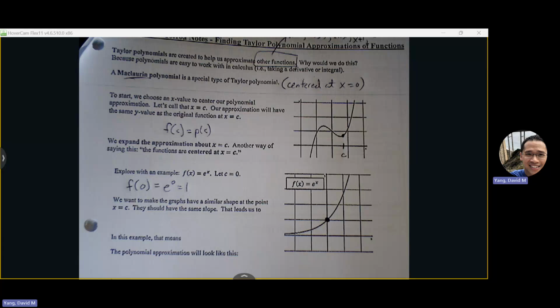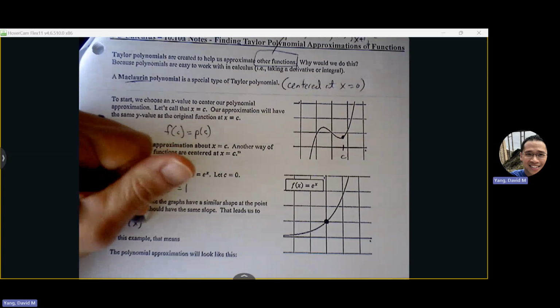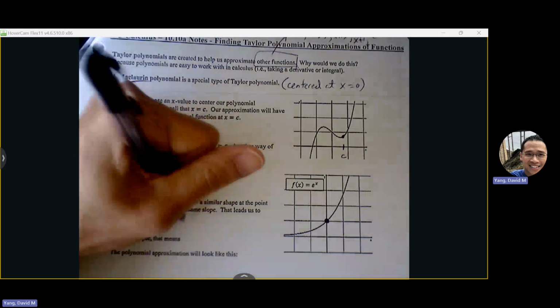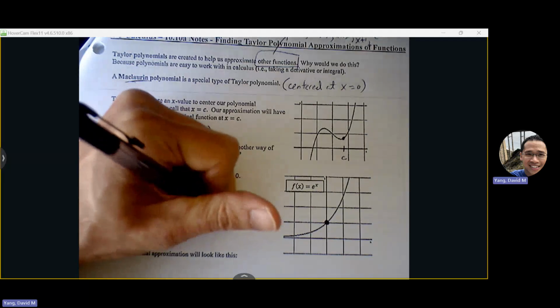We also want to make the graphs have a similar shape at that point. And so the next thing is, well, they have to share the same slope, right? It's got to have the same slope as the curve at that point. So we can find f prime of x is equal to e to the x, and f prime of 0 is going to be e to the 0, also 1.